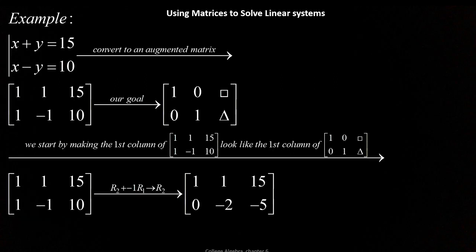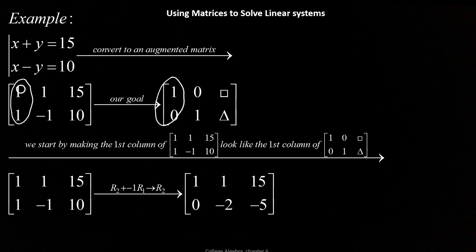So let's see. We're going to convert the system first to an augmented matrix. Then our goal is this. Now, the procedure becomes difficult and tedious if you don't do it in an organized manner. So what I want to do is make this column look like this column.